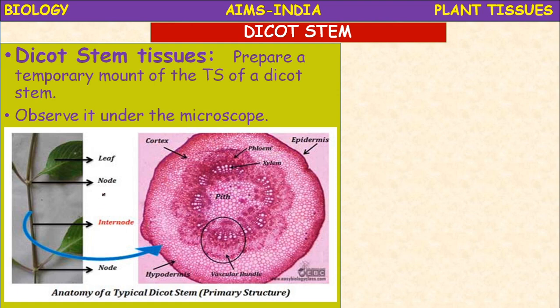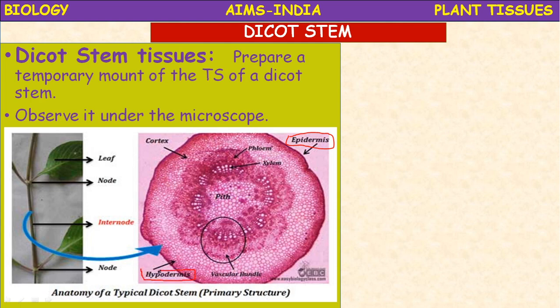Okay, here when you observe, we have taken the dicot stem. When you take a small slice and observe under the microscope, it shows different regions like the epidermis. Epidermis is nothing but dermal tissue, epidermis and hypodermis.